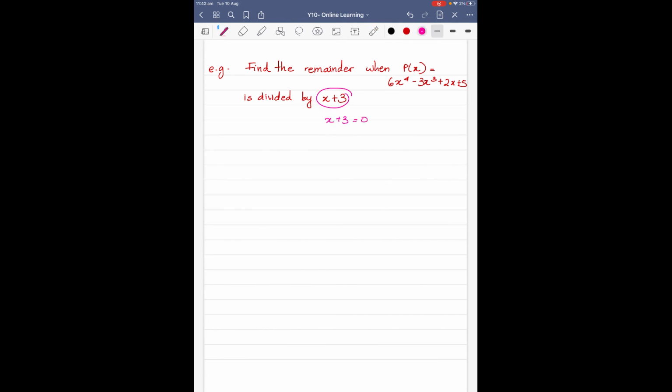If you're not sure how to find x, make it equal to 0. So we're going to make x on its own, chuck it over. 0 minus 3 is minus 3. Yeah? So we're going to sub x as minus 3 into your polynomial. So P(minus 3).